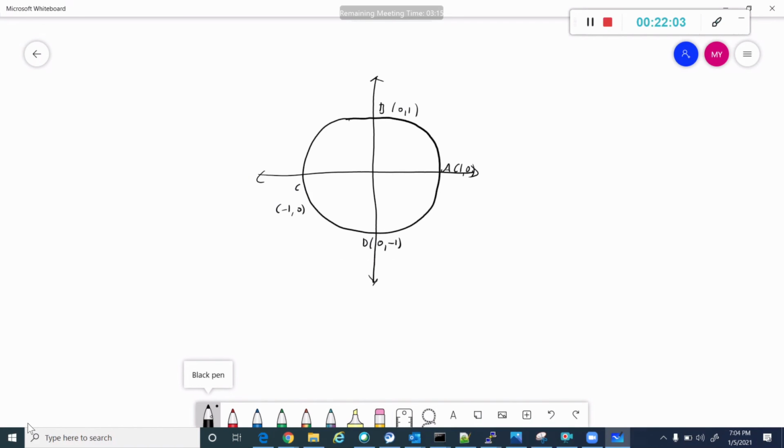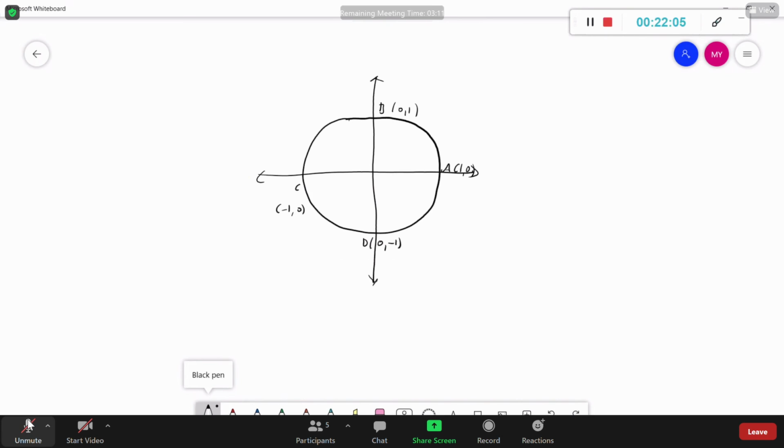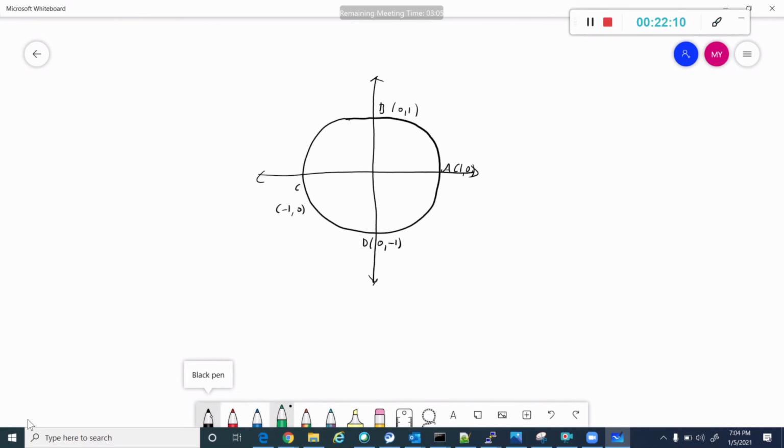This is my tangent at A, a fixed line. Now I have rotated by alpha, which is acute, bringing OA to OP. This angle is alpha, plus alpha since I rotated in the anti-clockwise direction. So what is tan alpha?